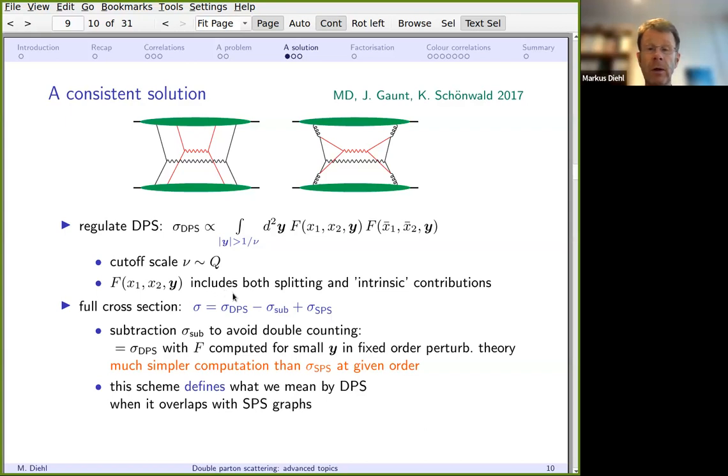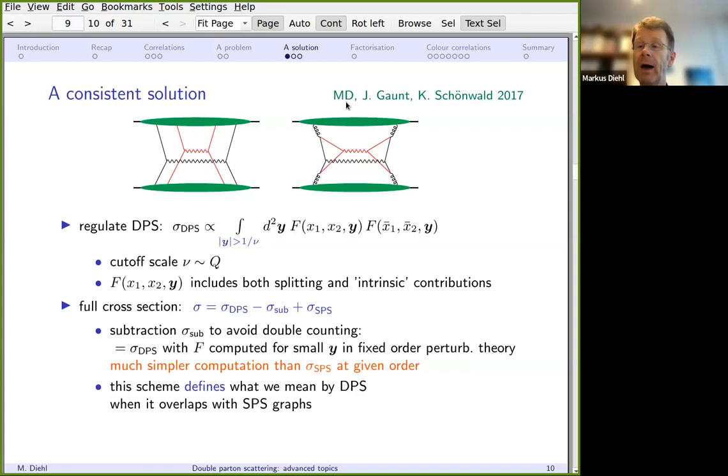But first of all, a good feature of this construction is if I can compute this one, it's even easier to compute the subtraction term. And I can reuse the single parton scattering from conventional calculations without having to open these box graphs and subtract anything complicated from the higher loop calculation.